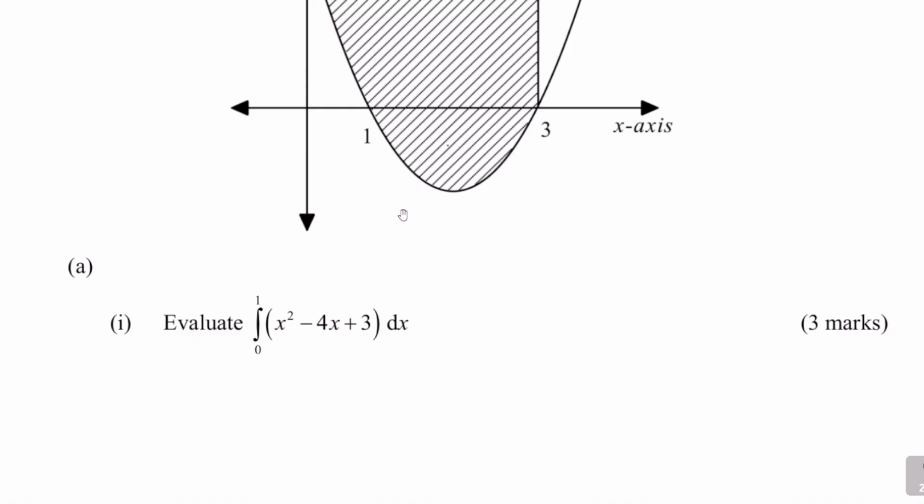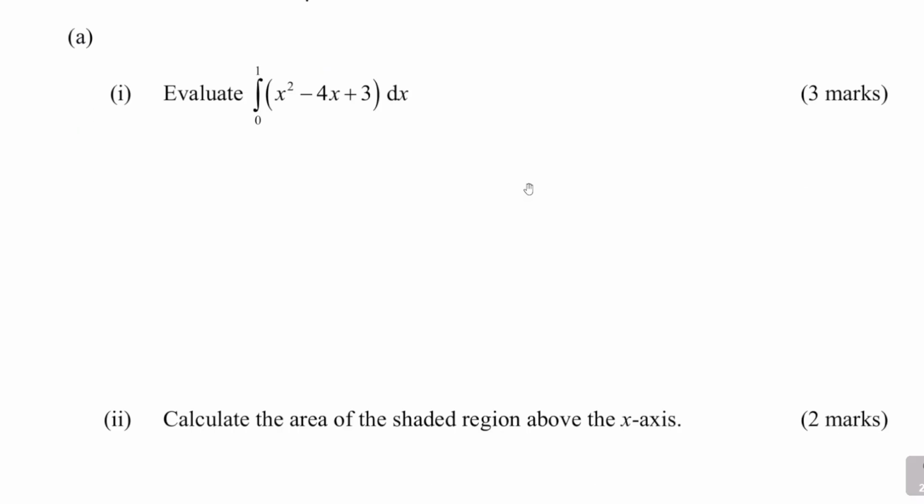At A, 1, evaluate the integral from 0 to 1. You're supposed to integrate x squared minus 4x plus 3 with respect to x. So let's first carry out this integration. You integrate x squared with respect to x, that will give x cubed divided by 3.